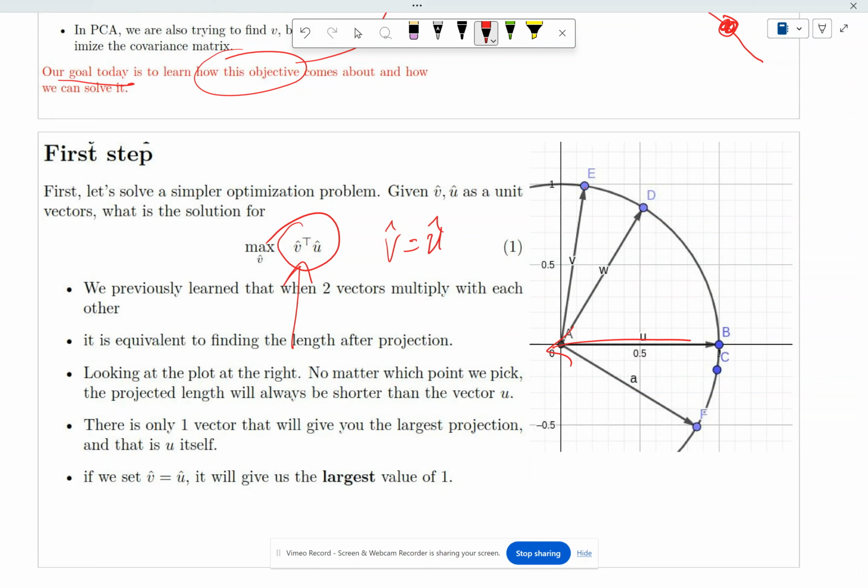So if they are just on top of each other, then you're going to get 1. Whereas anywhere else, after you do the projection, it's going to be less than 1. So the solution to this is actually quite easy. The maximizing V you could pick is just U itself. Okay, so this is the logic towards this optimization problem.